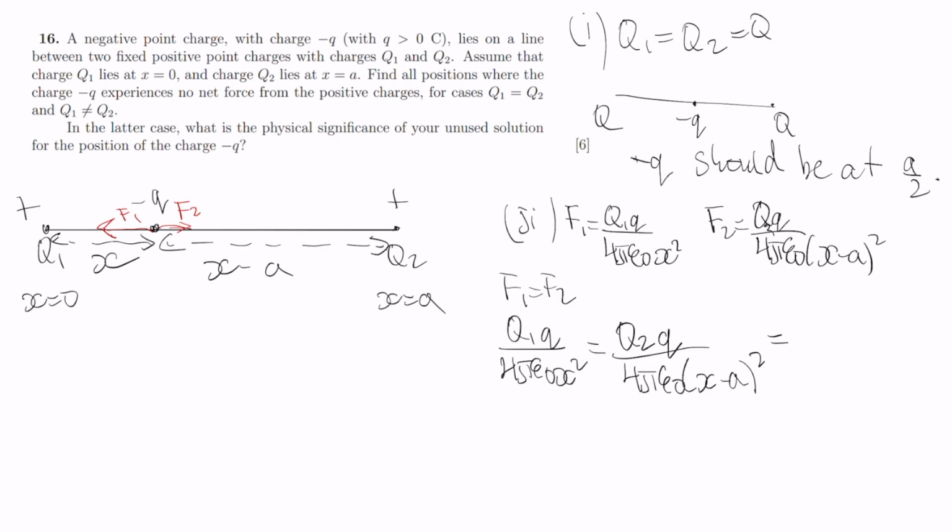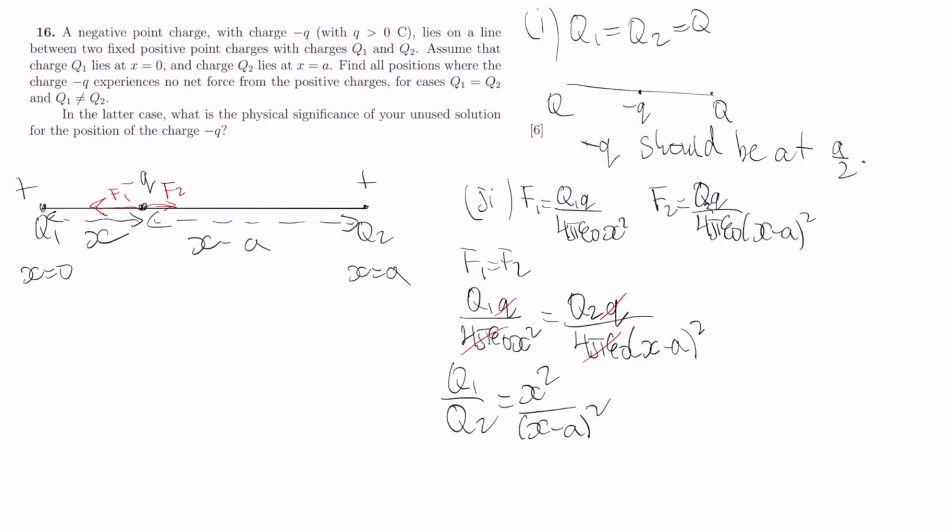Okay, so we can do a little bit of simplification. Let's get rid of the charge Q and let's get rid of 4 pi epsilon naught. And I'm going to bring the Q's onto one side. So I'm going to say Q1 over Q2 is equal to x squared over x minus a squared.